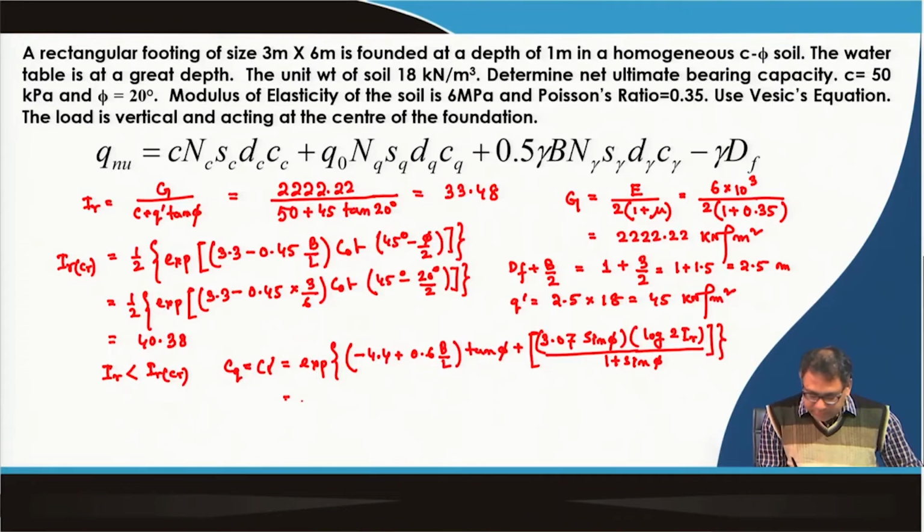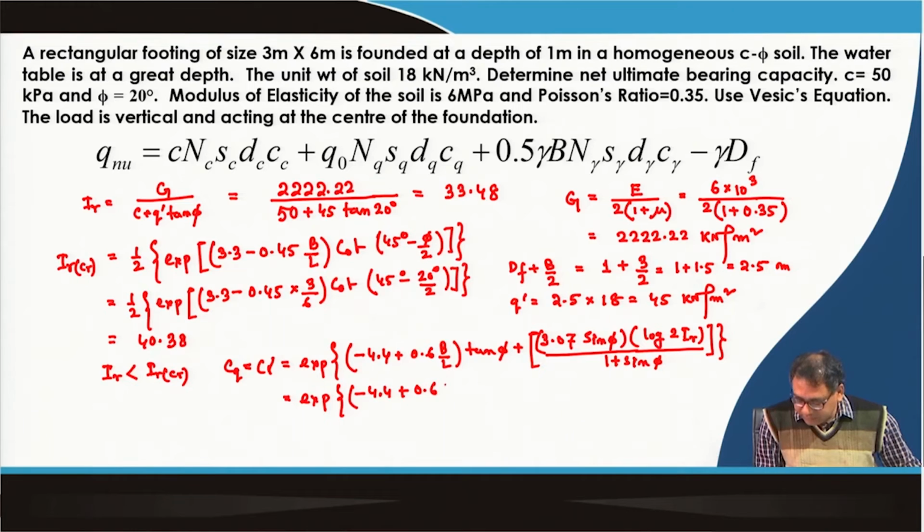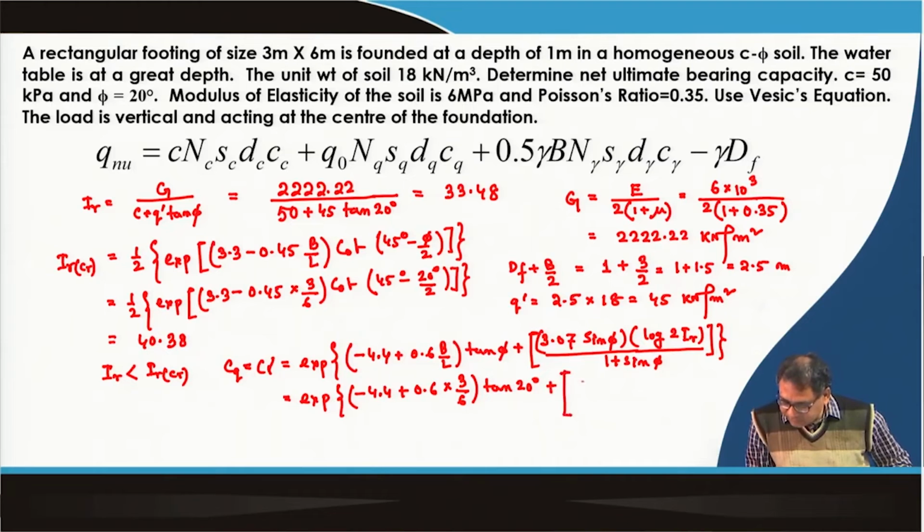So, I can write that as EXP of [(minus 4.4 plus 0.6, B is 3, L is 6) tan 20 degree plus 3.07 sin 20 degree into log of (2 into 33.48) divided by (1 plus sin 20 degree)].